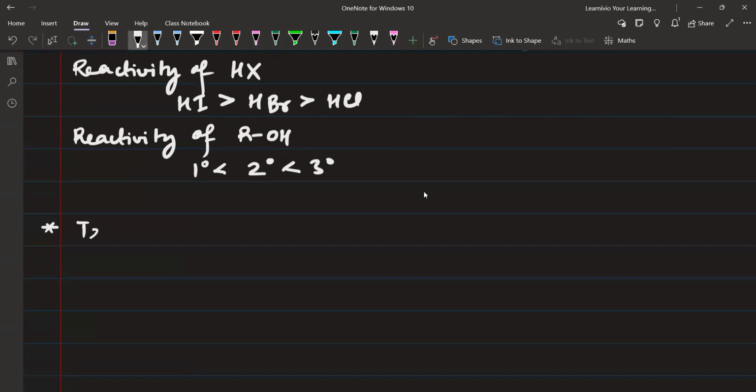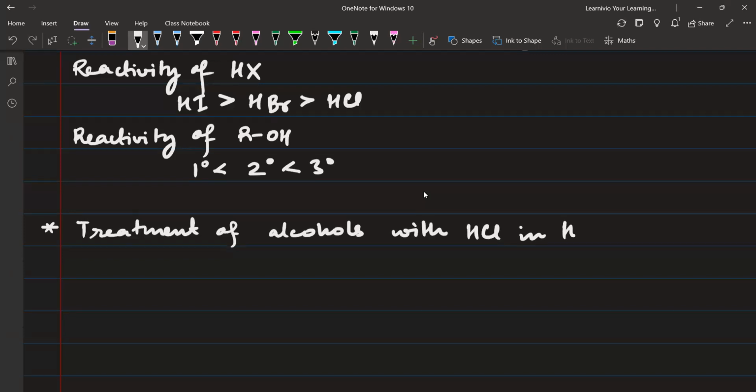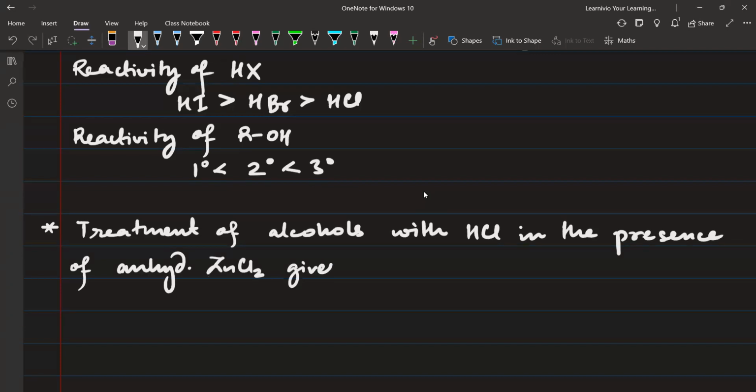Treatment of alcohols with HCl in the presence of ZnCl2 gives alkyl chloride.